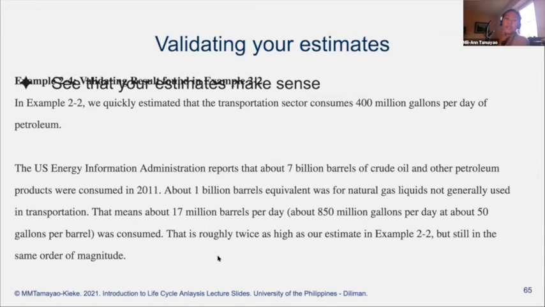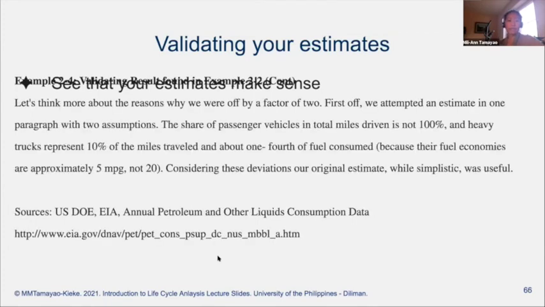Anong ibig sabihin ng same order of magnitude? So although twice as much yung reported value, still within the same order of magnitude. So pag naging 8,500 yan, okay, one order of magnitude higher na siya, di ba? Okay. Sige. So bakit kaya?